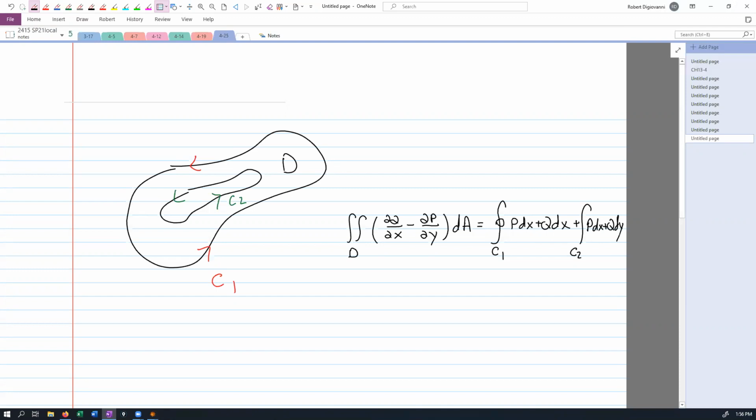So this gives us the ability to find the area of regions with holes in them.